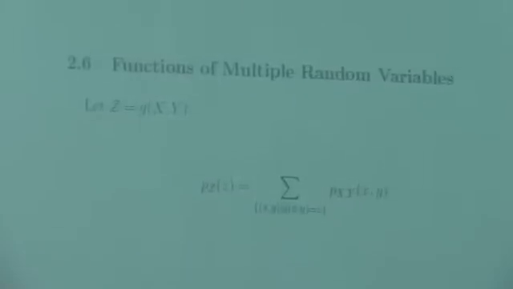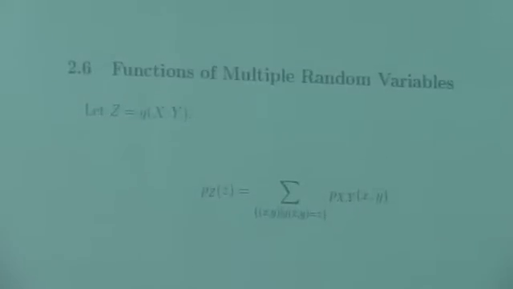A function of two random variables, or any number of random variables for that matter, defined on the same probability space, is a random variable itself. So in this example, z is a function g of x and y, where x and y are random variables with a well-defined joint PMF. If you want to find the PMF of z, all you have to do is sum the probabilities of all xy pairs that result in a value little z for this function.